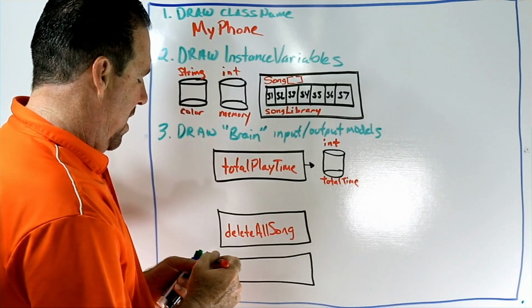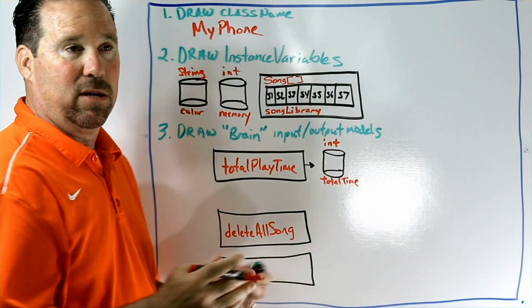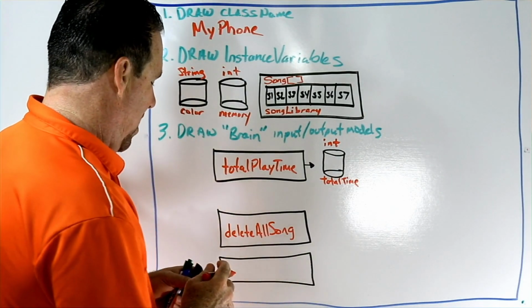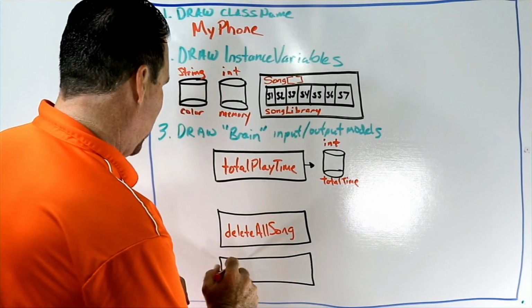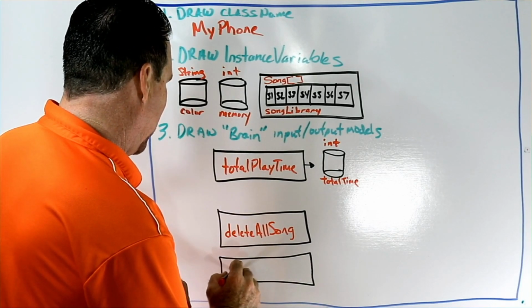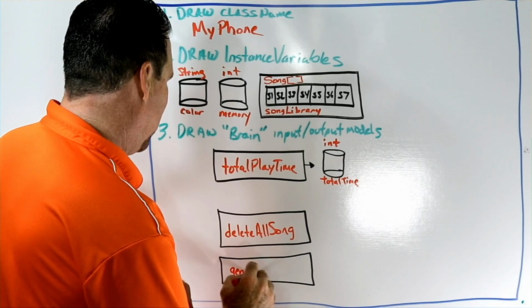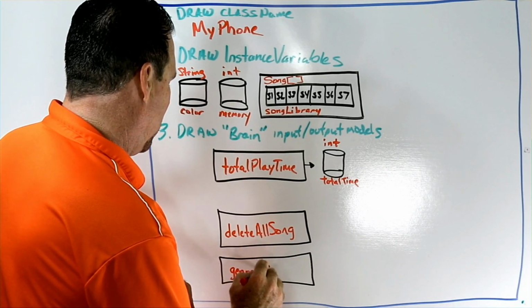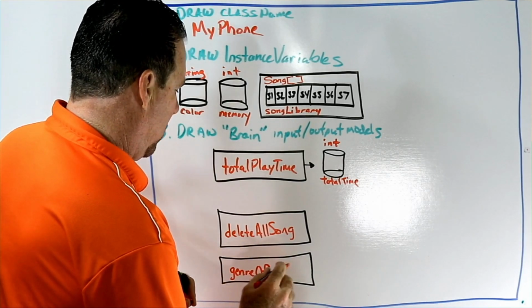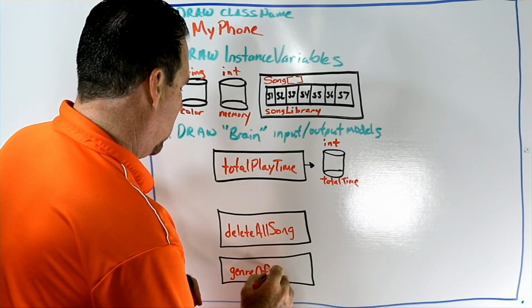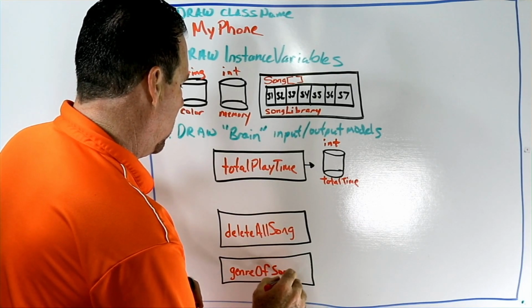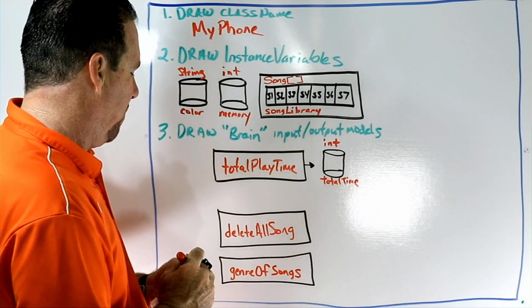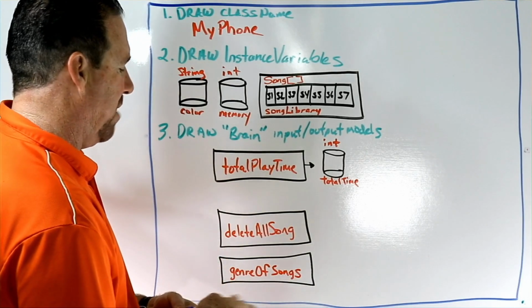Okay, and then let's say for the last one, you're going to make a playlist. Let's make it genre of songs. Something like that, okay? And this one obviously would have an input and an output.